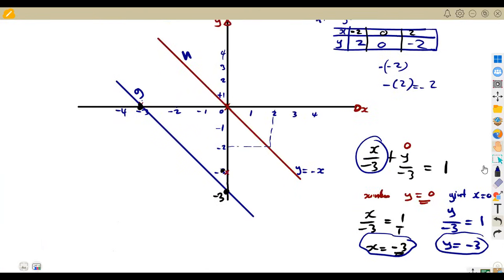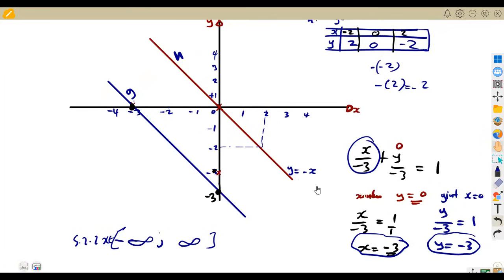They do not intersect, so our solutions can be taken from negative infinity up to positive infinity, because we are not having any exact value.